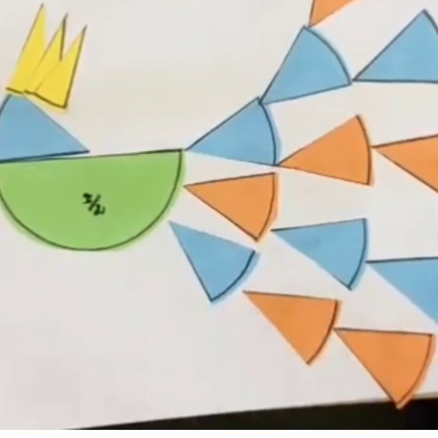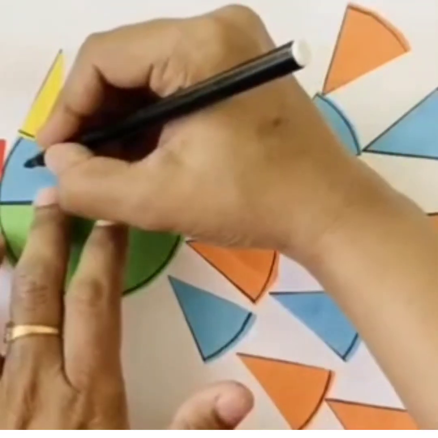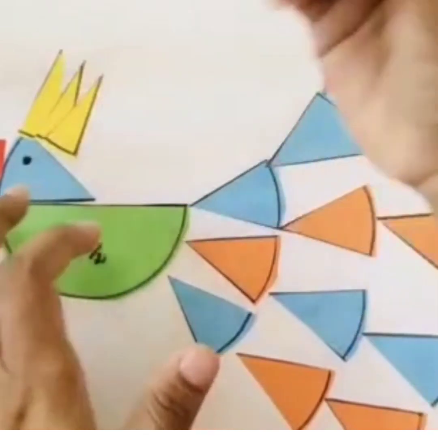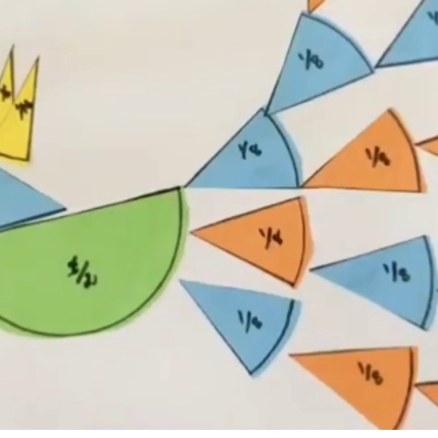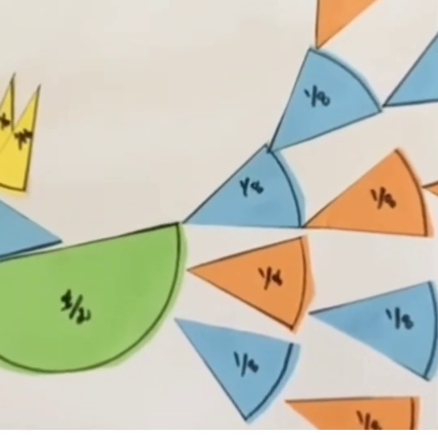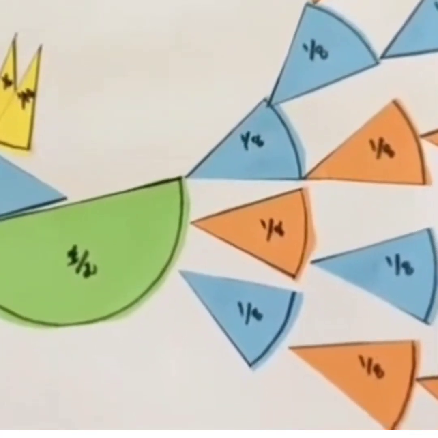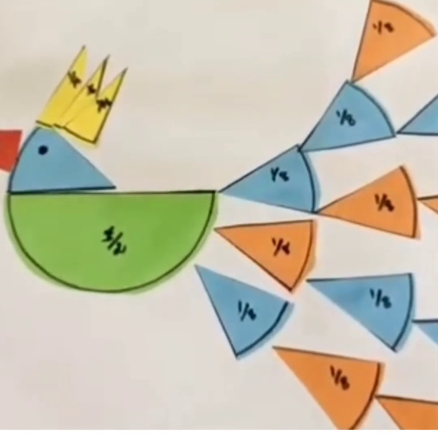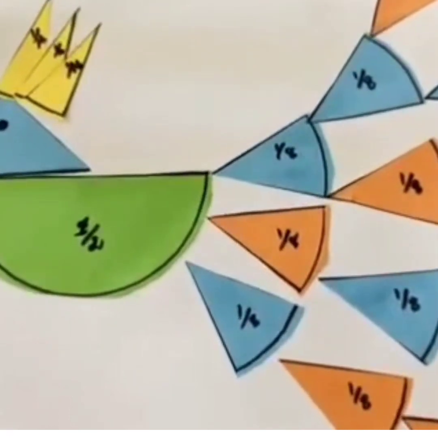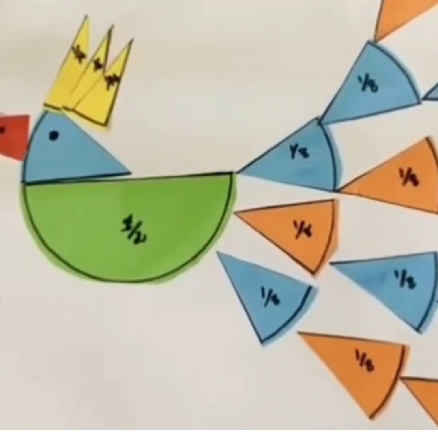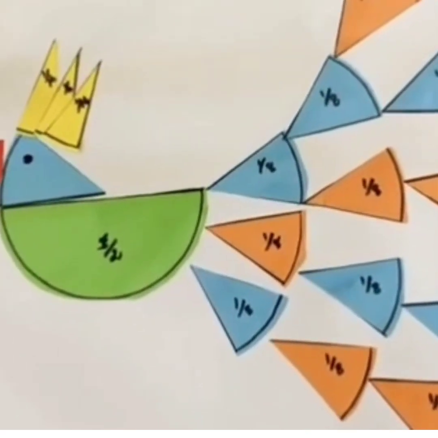On the feathers only you will paste 1 upon 8 part of the circle, and then you will make one eye for the bird, and then you will write which part of fraction you have used here. Like I have written 1 upon 8 parts at the feathers and 1 upon 16 parts at the upper side. Okay, so this is the beautiful bird you can see here, which we have made with the help of fractions.